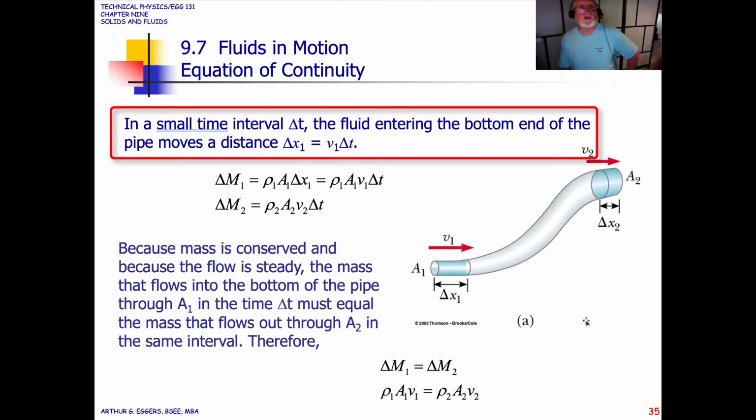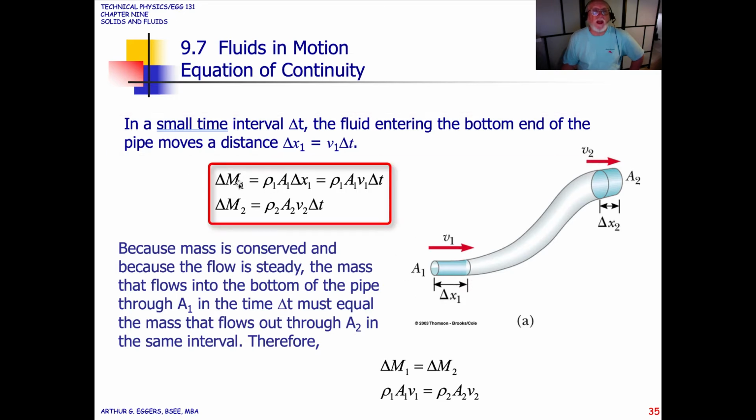In a small time interval, delta t, the fluid entering the bottom end of the pipe moves a distance delta x1, which is equal to the velocity times time. Okay, so that's at the entrance.